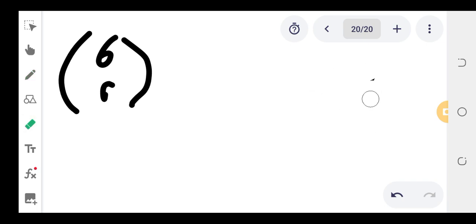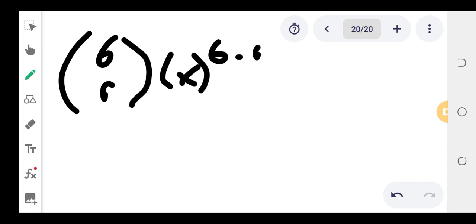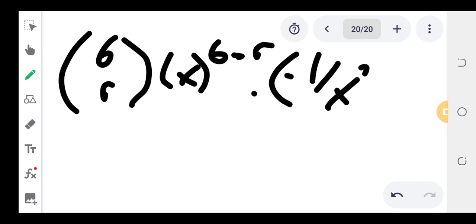So we have 6 choose r, x to the power 6 minus r, multiplied by our b, which in this case is negative 1 over x squared, to the power r.